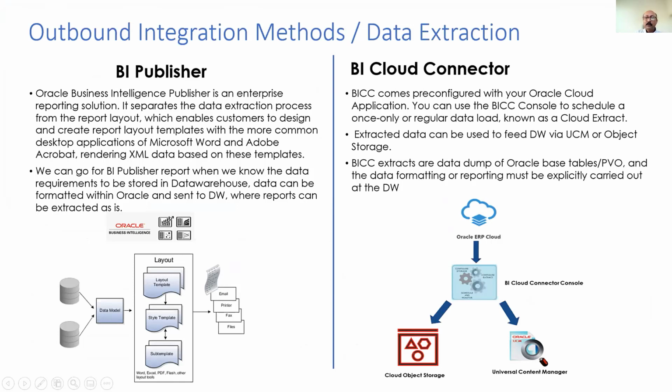You can extract them into object store or to content management, or certain tables, if you have BI Publisher reports, you can extract them. Unlike OTBI, which is out of the box, with BI Publisher you can write your own reports. You can basically write SQL to some extent and extract them and then load it into your data warehouse.